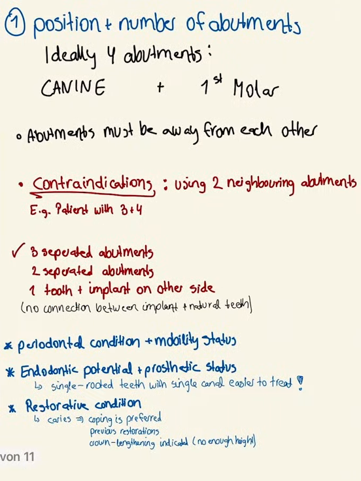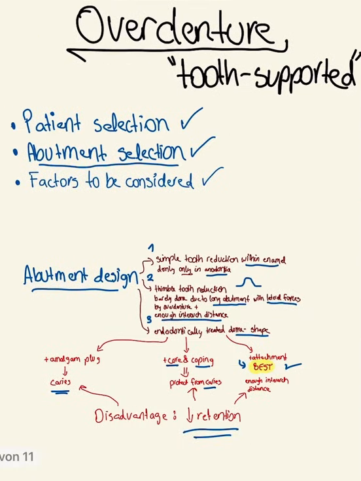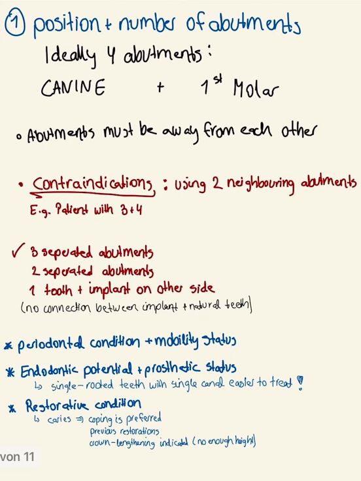To begin with, the first point of the abutment selection is the position and number of abutments. Ideally, to have 4 abutments, 1 in each quadrant. The best abutments are canines and first molars. Why canine?